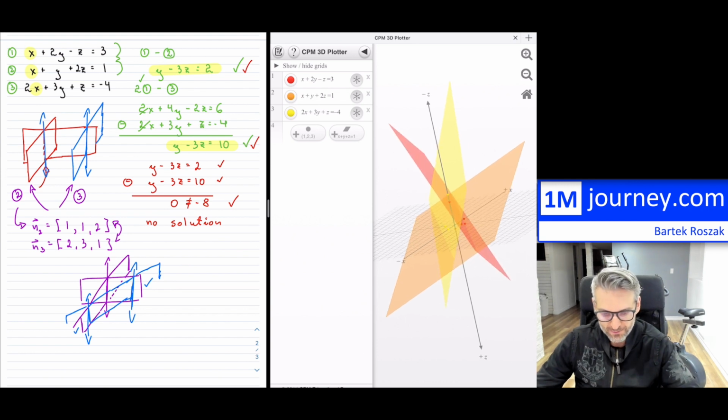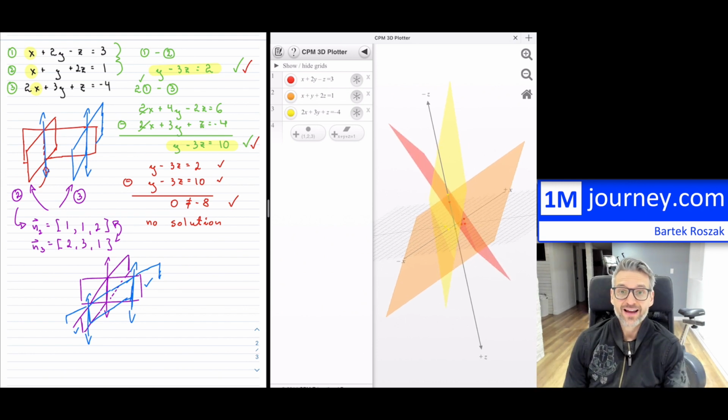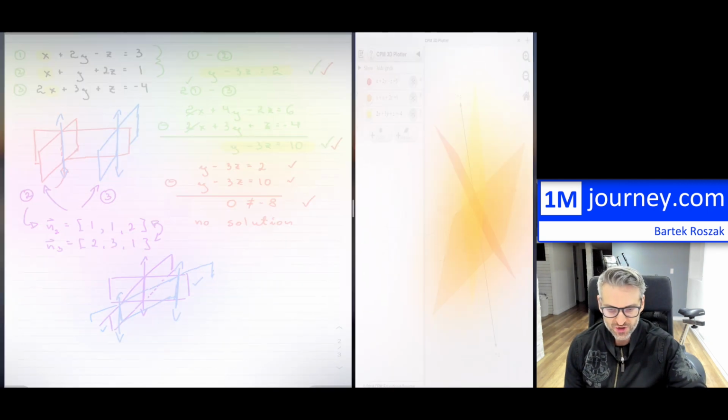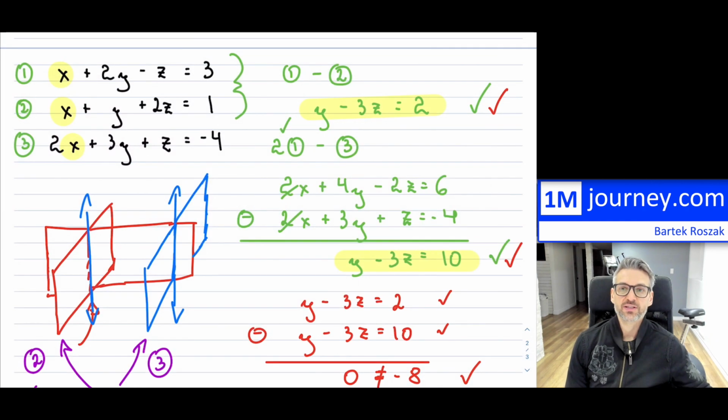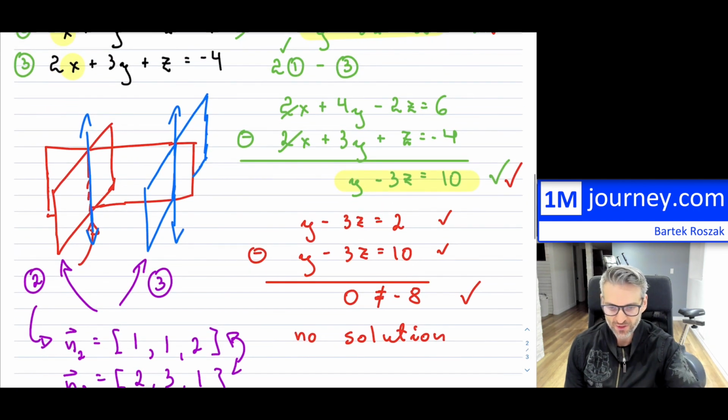So that's what happens. Now, your teachers may not ask you about this, but it is good to have some intuition of what actually happens. If you're just interested in whether it's consistent, meaning there is a solution, or if there is no solution, then that's fine. You could have just done these particular steps that you saw here.